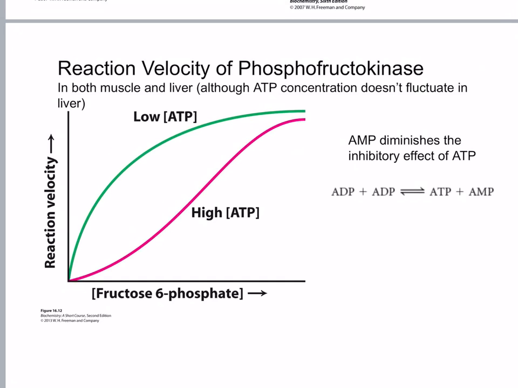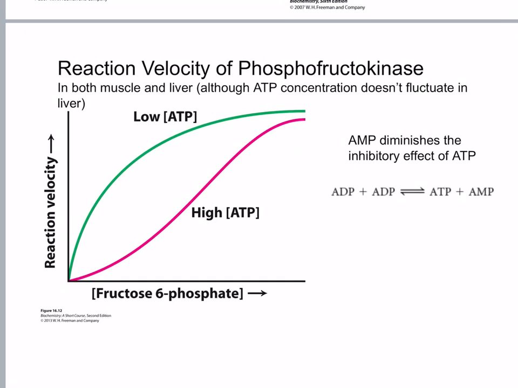This is the reaction velocity graph for phosphofructokinase, the enzyme, with the reaction velocity of the enzyme on the y-axis versus the substrate concentration. So you know that as you increase the substrate concentration, the velocity in green goes up hyperbolically. You know that if an allosteric inhibitor binds to the regulatory site of the same enzyme, the inhibitor will cause a sigmoidal shape instead of the hyperbolic shape, the red shape.